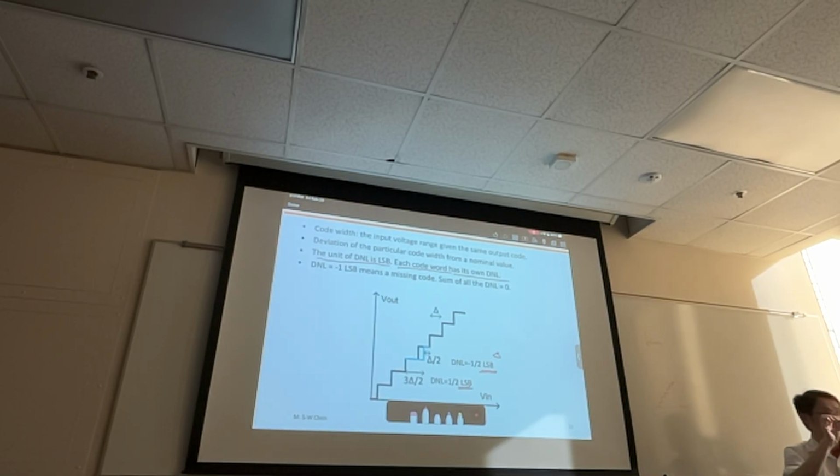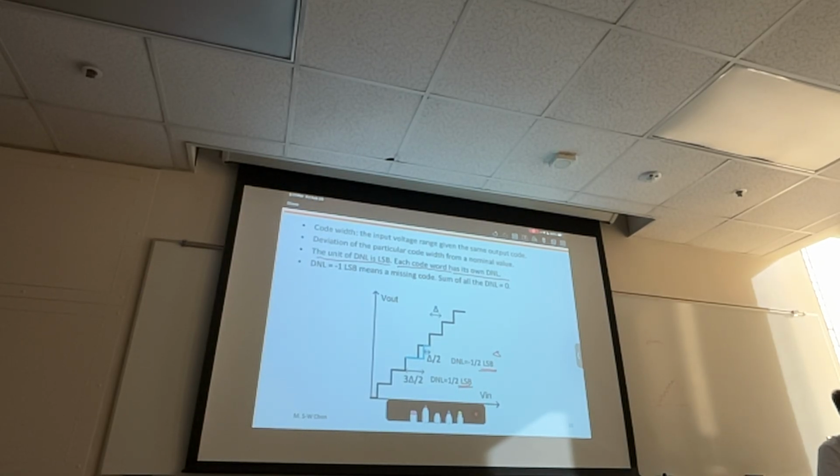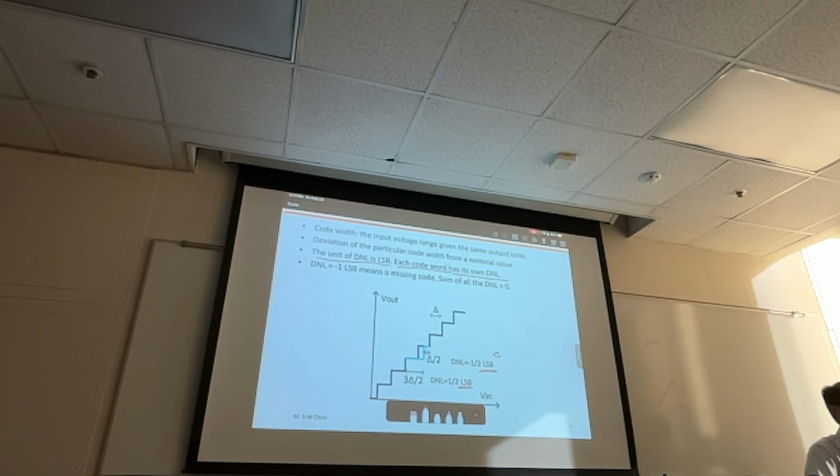Okay, so remember, DNL is always a set of numbers. You got it? A set of numbers depending on how many levels you actually have. Sometimes you are gonna see people report what's the peak DNL. Do you want to guess what that means, peak DNL? The maximum DNL, right? So you're gonna see what's the maximum variation. All right. Can the DNL be minus 1 delta?